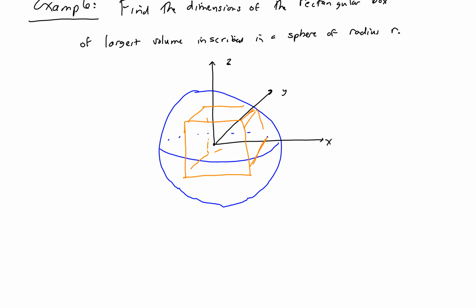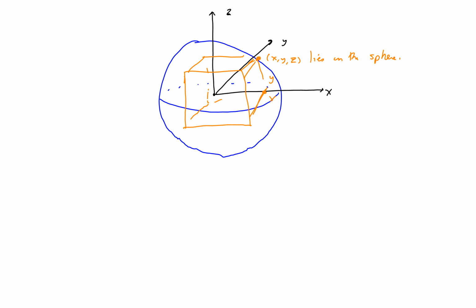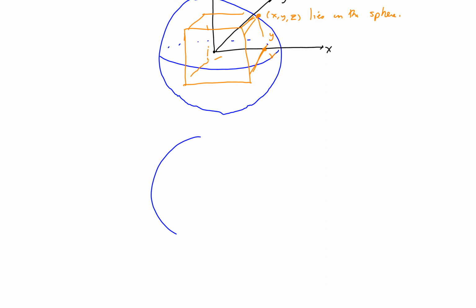So what we can think of is if we go x units in this direction, y units back, and z units up, this point here, x, y, z, lies on the sphere. So let's redraw this without the axes just for a second to make this a little bit easier to see.